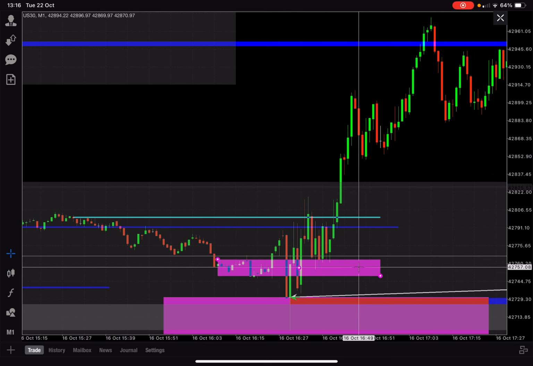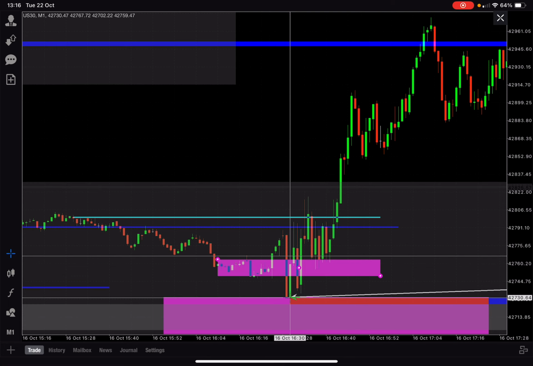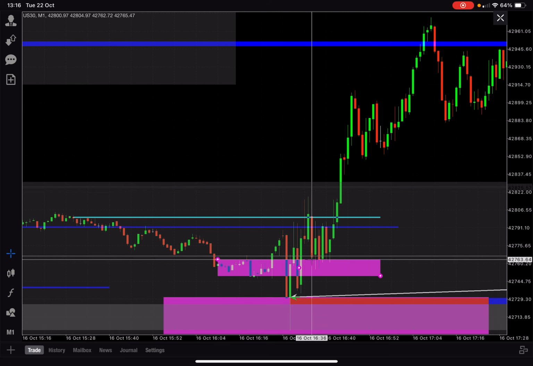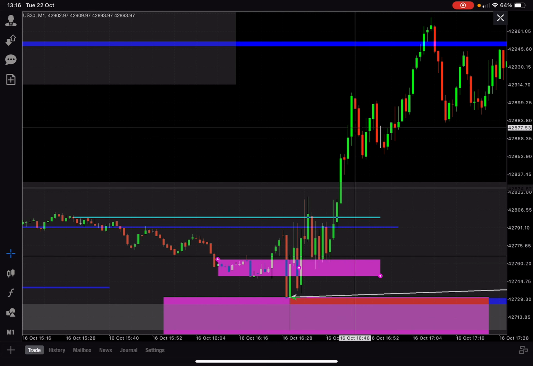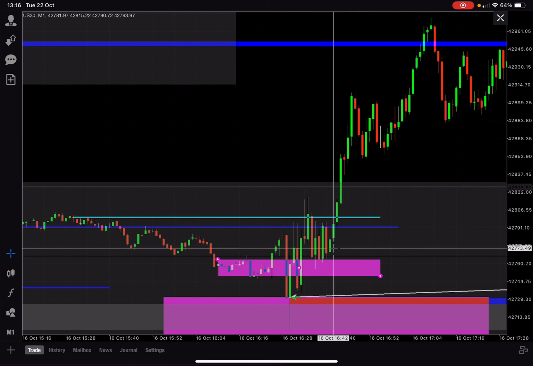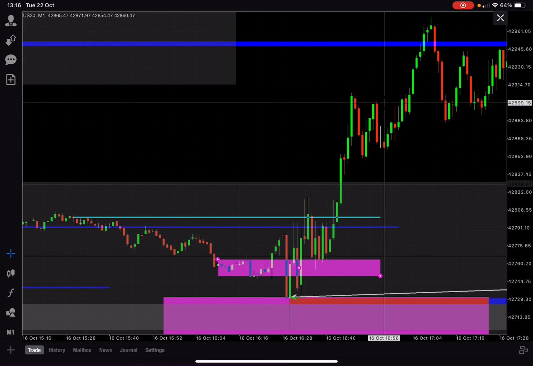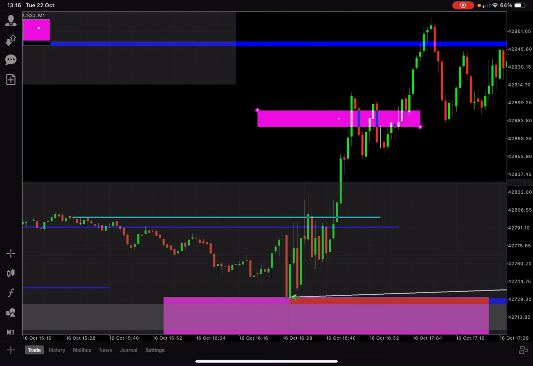So it's always good to learn about manipulation too, so you can read price, because you'd already be in the buy from down here. So what you'd be doing here is reading price and understanding what it's doing, and this is showing you it's accumulating towards the upside, and that's why, after that accumulation, you got the release towards the upside, and that's all done on the 1 minute.